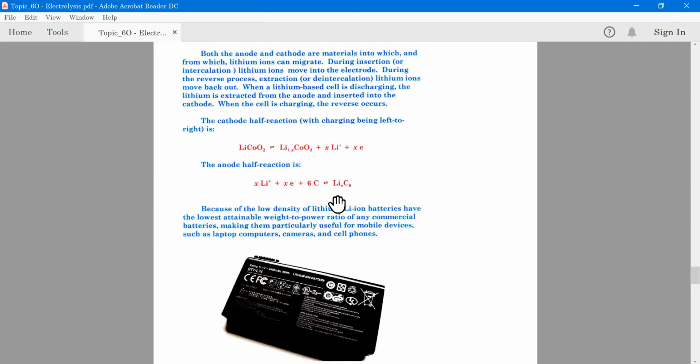Lithium is, of course, the least dense of all metals, and lithium ions are very low density. And so as a result, one of the most important measurements of a battery is what's described here, the weight to power ratio. The smaller the weight is, or the larger the power, the better the battery is. In other words, the battery can be smaller and use less volume and less weight.